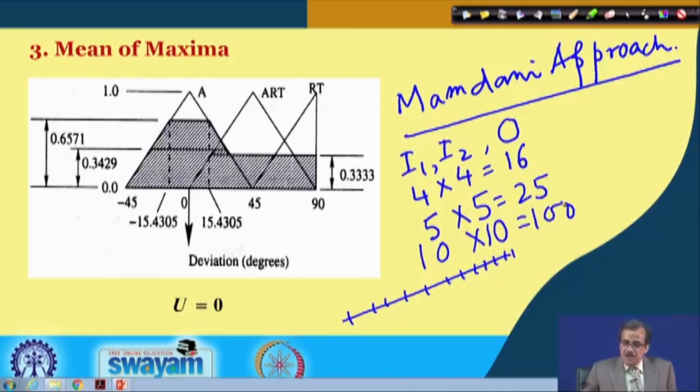So if I need more accuracy, the number of rules is going to increase, and if the number of rules increases, what will happen to the computational complexity? That is also going to increase. That means in the Mamdani approach, I may get slightly better accuracy or precision, but at the cost of more computation, which is also not desirable.